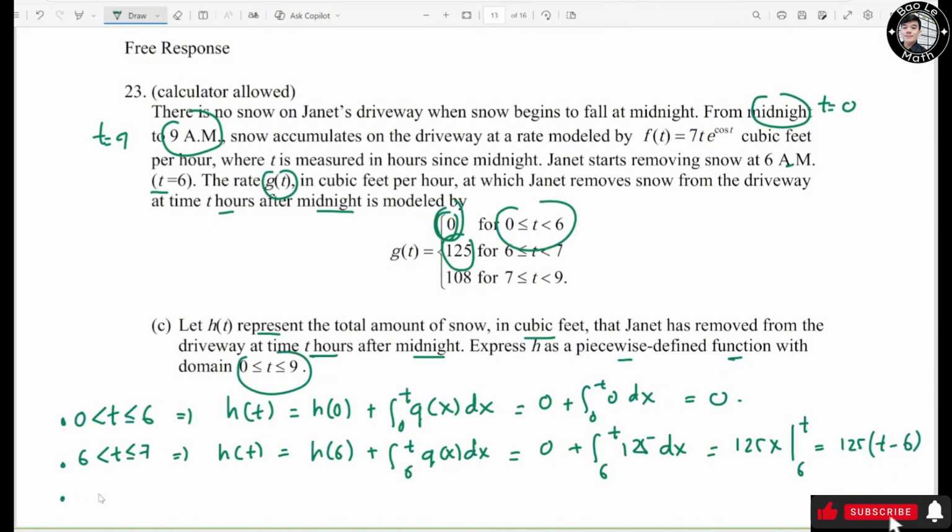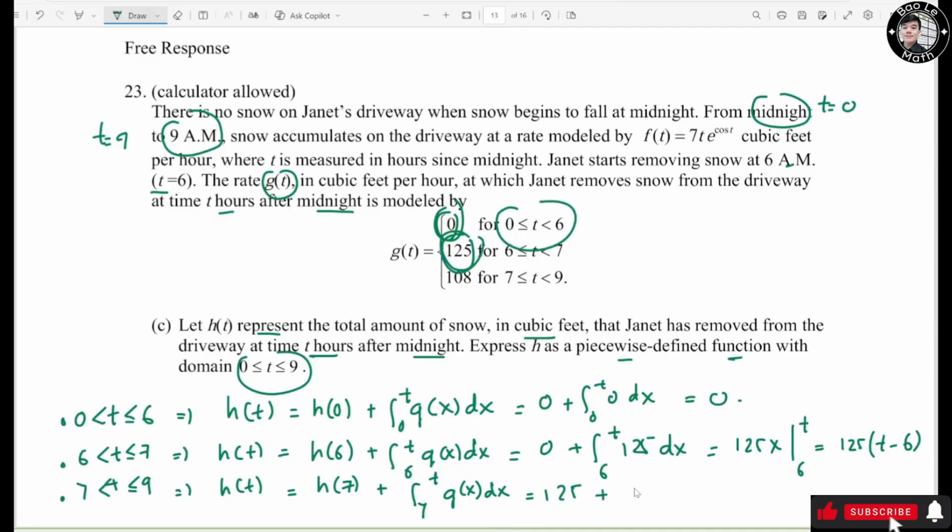The third interval is going to be from 7 less than t less than or equal to 9. Then you have h of t equals h of 7 plus the integral from 7 to t of g of s ds, right? H of 7 is going to be 125 right here, right?